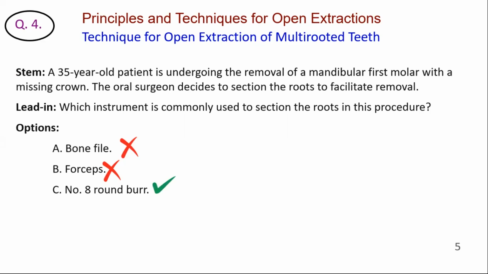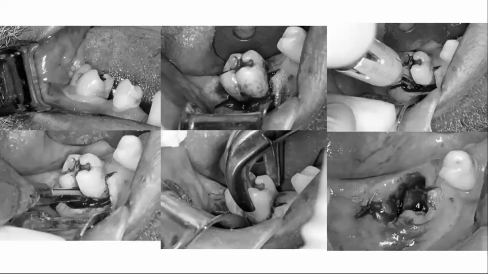The surgical handpiece with a number 8 round burr or Fisher burr used to section tooth into mesial and distal parts, allowing each root to be independently removed. Here we will explain in this figure. The lower molar has roots that make it necessary to section the tooth.